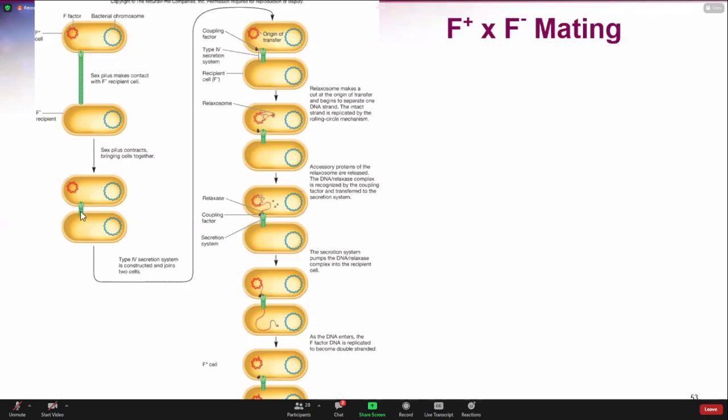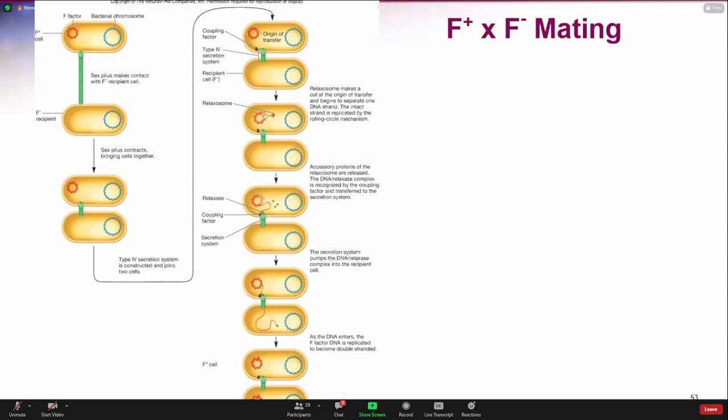And this pilus over time shrinks so that it brings the two cells close together, because it helps to make the distance that the DNA has to travel from the F plus cell to the F minus cell a lot shorter. Okay, so you have this original linking together of the two cells using the proteins encoded by the F factor. Then as part of this structure, you have the type 4 secretory system that is going to help the DNA transfer from the F plus cell to the F minus cell.